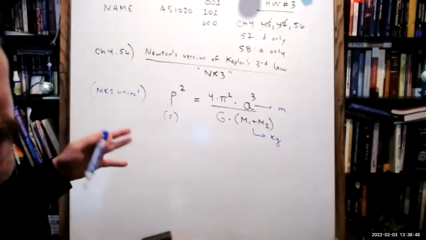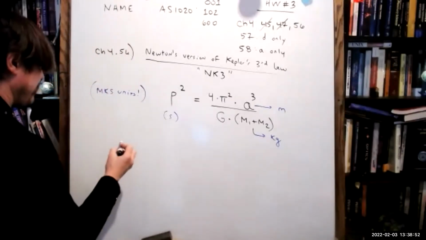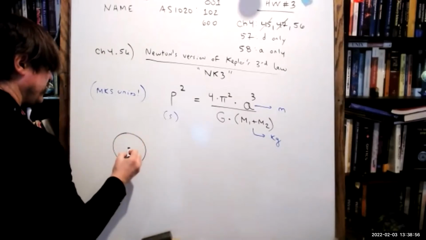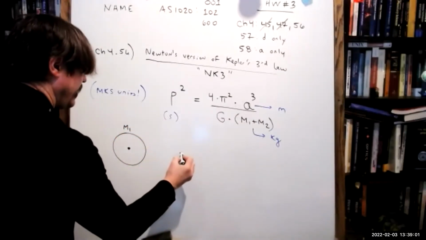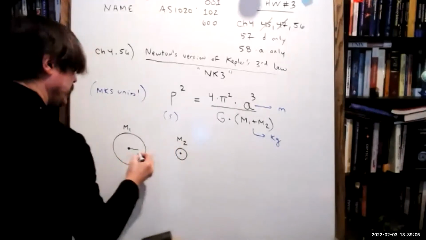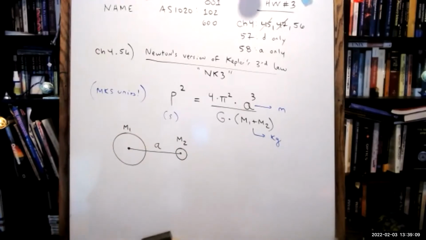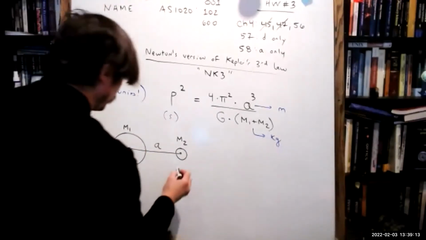Might even be helpful to draw a little picture of what's going on here. You can just imagine that you have two masses like the Earth and the Moon, M1 and M2. The distance between them is now A for semi-major axis, but it's basically kind of like the radius of a circular orbit.